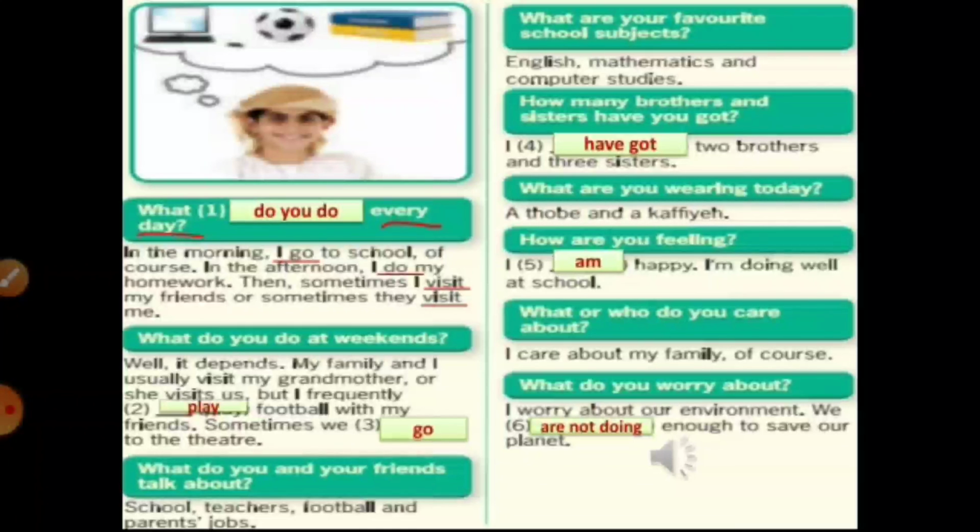طبعا in this question the speaker is answering about what, maybe he's talking about his routine, let's say. صح؟ And look at the question, what do you do every day? ماذا تفعل كل يوم؟ إذن here he is asking about what do you do, يعني about your habits عاداتك المتكررة or your routine روتينك اليومي.